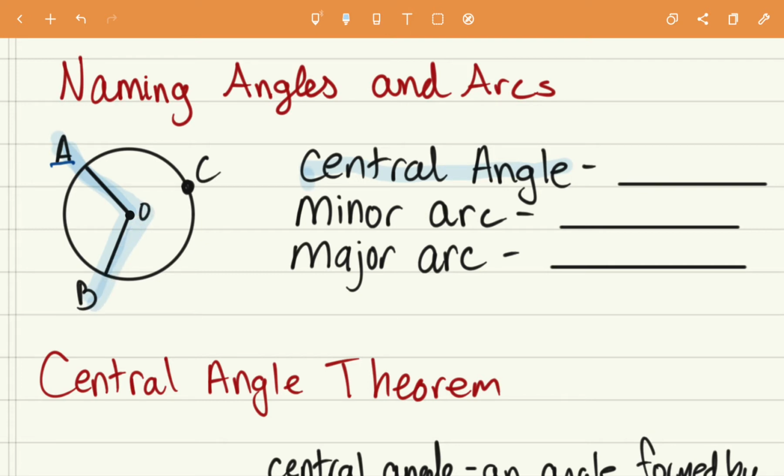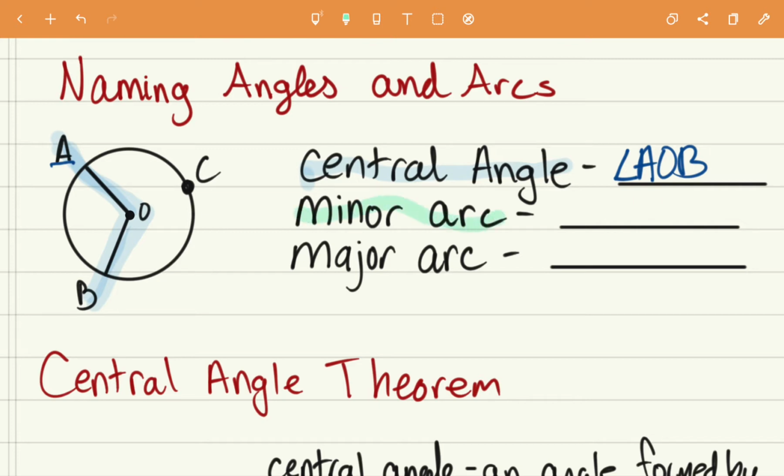So A goes to O and then to B, and then we just label that or list those in order. So we have angle AOB, and like I said, that goes for any angle.